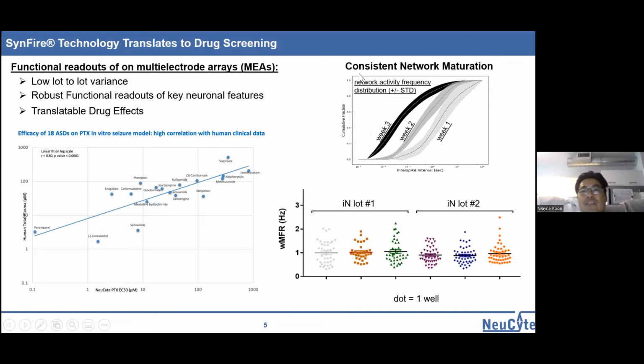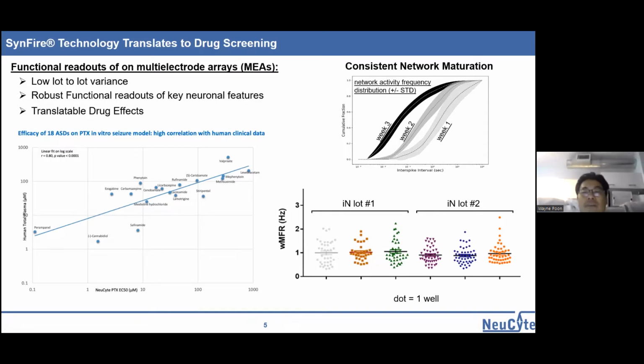What we observe is consistent network maturation from week 1, 2 to 3 here, and then looking at phenotypes such as weighted mean firing rate, you can see the consistency of our neurons plated in the wells of the MEA plate.